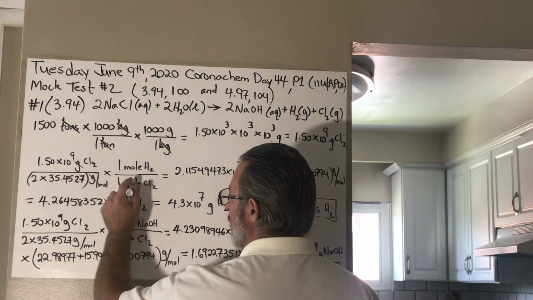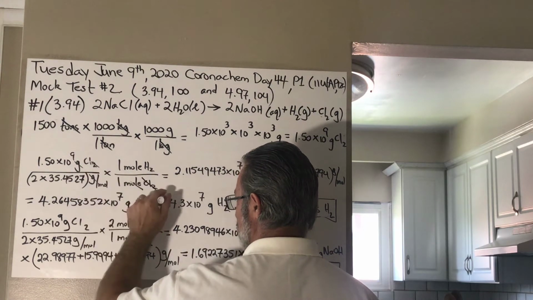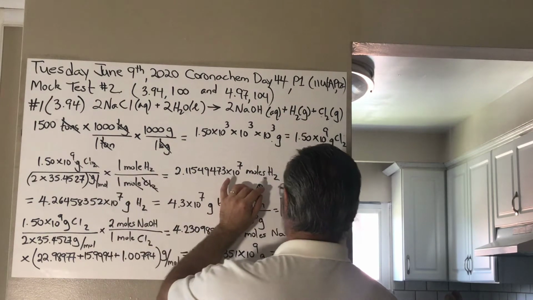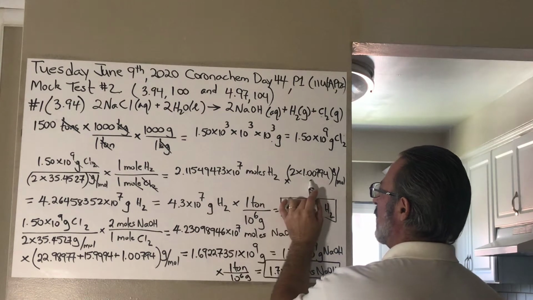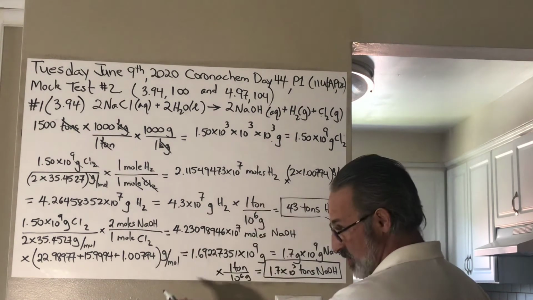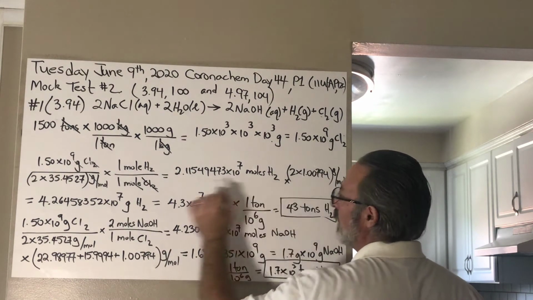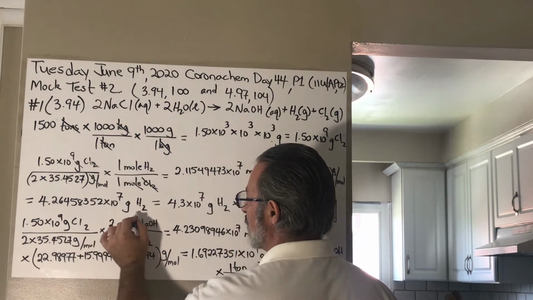So it's going to cancel with the moles of chlorine gas, and chlorine also cancels. So what you're left with is moles of hydrogen. That doesn't cancel. You have that many moles of hydrogen, and you're going to multiply it by the molar mass of hydrogen gas. Why do they multiply by 2? Because hydrogen is a diatomic element. Remember, you know that. And you get 4.26 times 10 to the 7 grams of hydrogen gas.